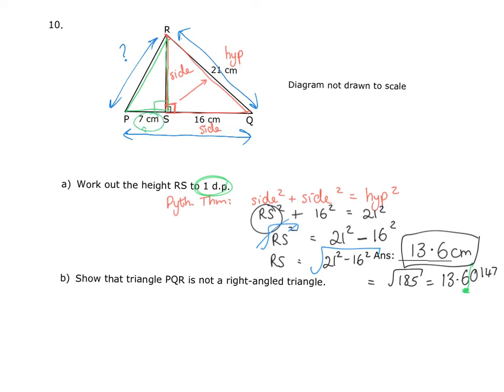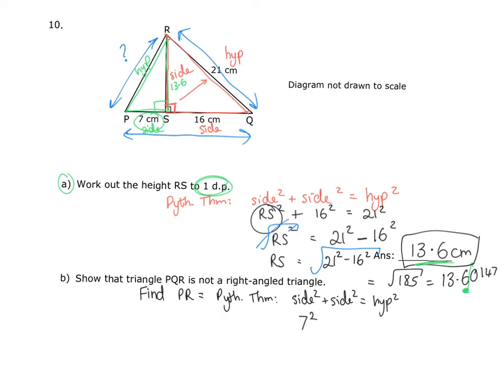It has a side 7. This side is 13.6, which we just found in part A. And this is the hypotenuse. So we're going to use Pythagoras theorem to find PR, which says side squared plus side squared equals hypotenuse squared.